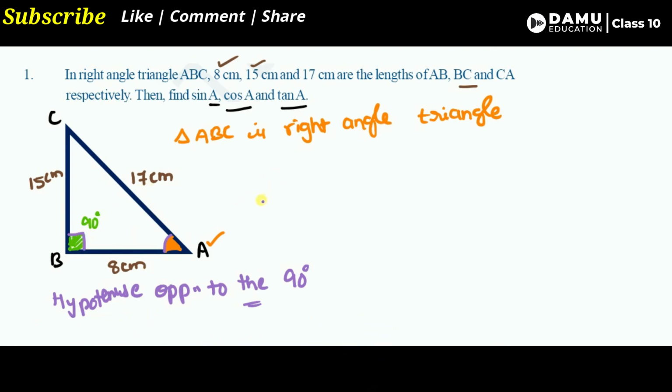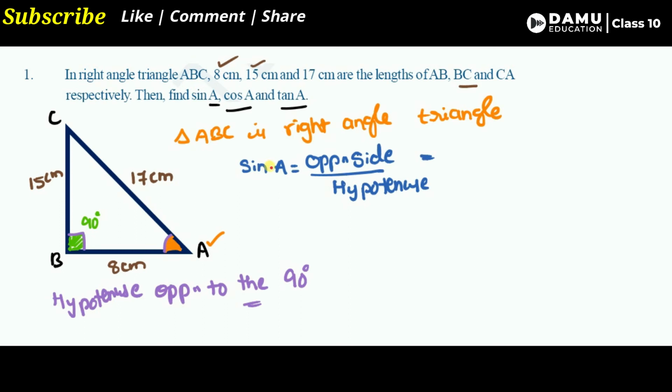So based on these conditions we need to find sine A. So what is sine here? Sine A will be equal to, for this angle, opposite side by hypotenuse. Sine is nothing but opposite side by hypotenuse. So what is the opposite side for this angle?